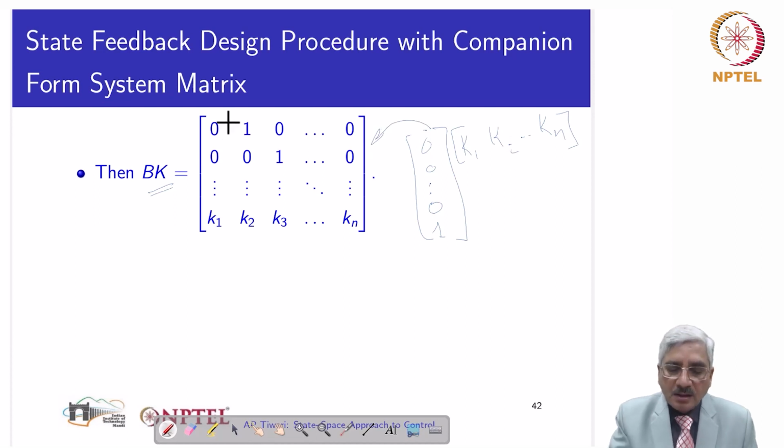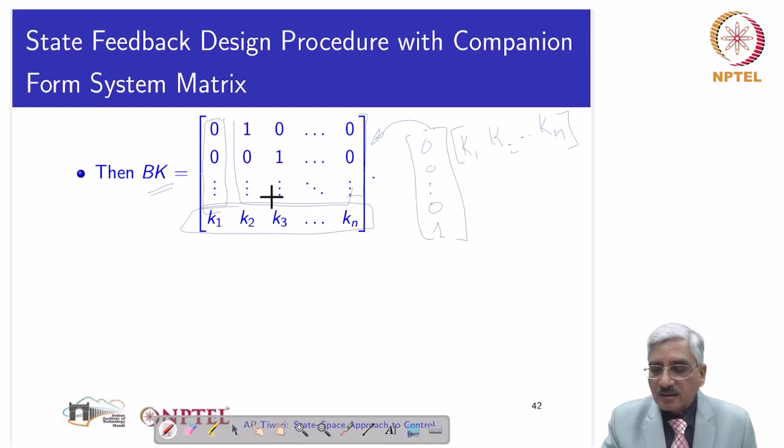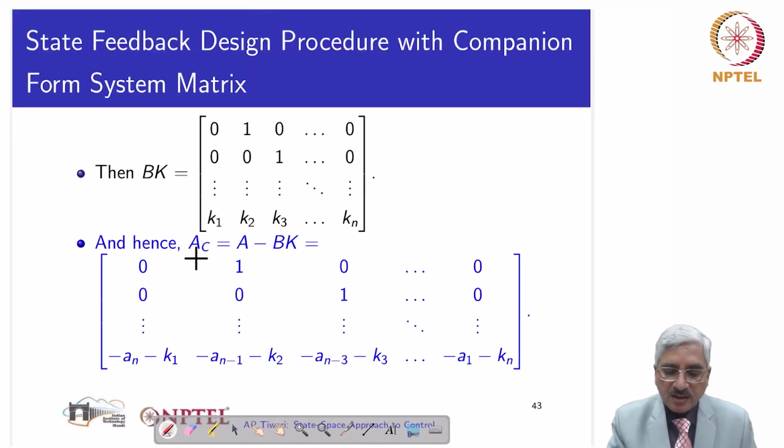This part is 0, this part is the identity matrix, and the last row is the K matrix, this K matrix. That means BK is also in companion form, and the original matrix A is in companion form. Now when we add them, when we take A minus BK, the resulting matrix is also in companion form.